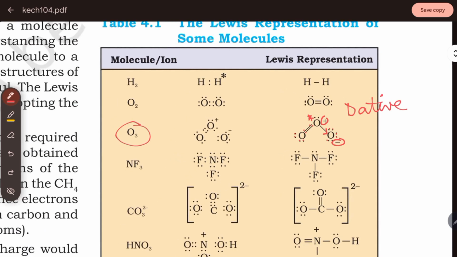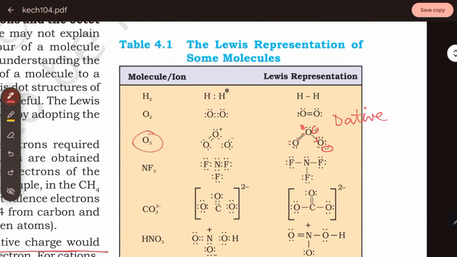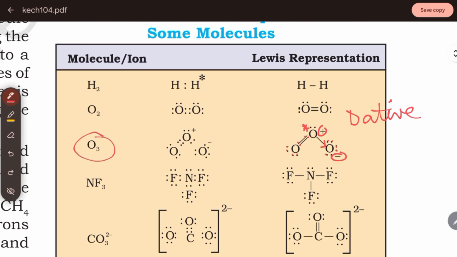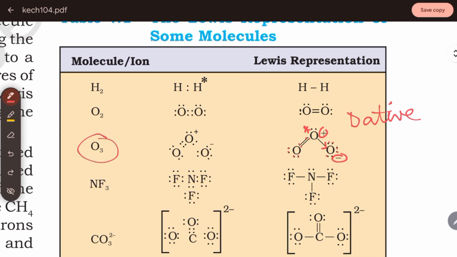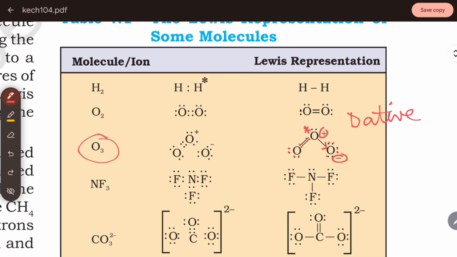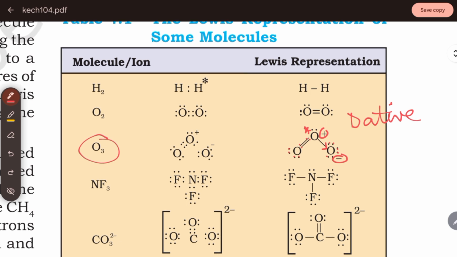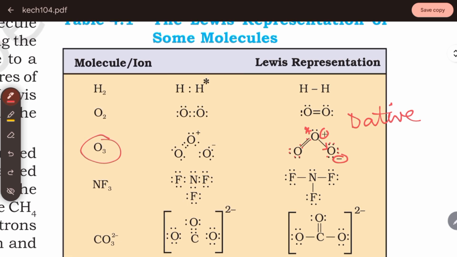Suppose I give an example: two children, one says, I have 3 chocolates, you have 2 chocolates, I am giving you one. So the one which is giving becomes one less and the one which is gaining becomes one more. This can be a case of electrovalent bond formation. Or maybe one has 1 chocolate and the other has 1 chocolate, and they say, we both will have 2 chocolates, we'll share. Now when the concept of sharing comes, that is covalent bond formation.